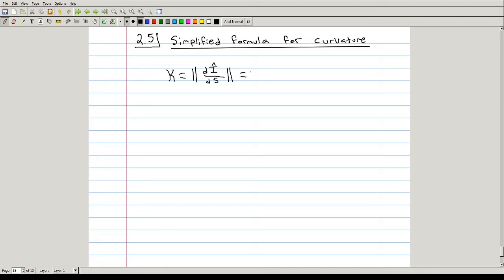The first thing we can do is rewrite this as dt/ds times dt hat/dt. This is just the chain rule. And also from the implicit function theorem, dt/ds is the same thing as 1 over ds/dt, or 1 over the magnitude of v.